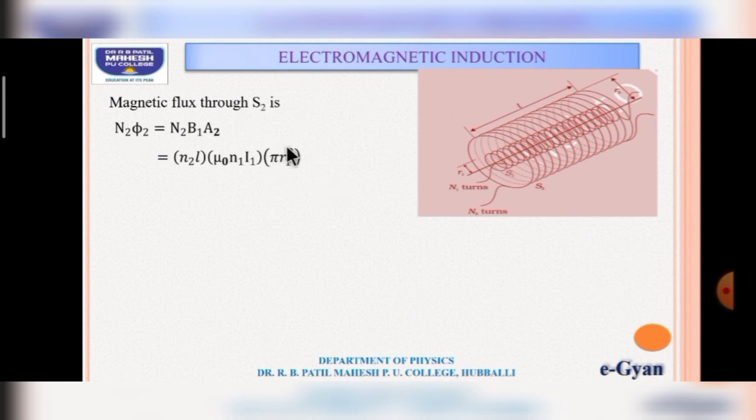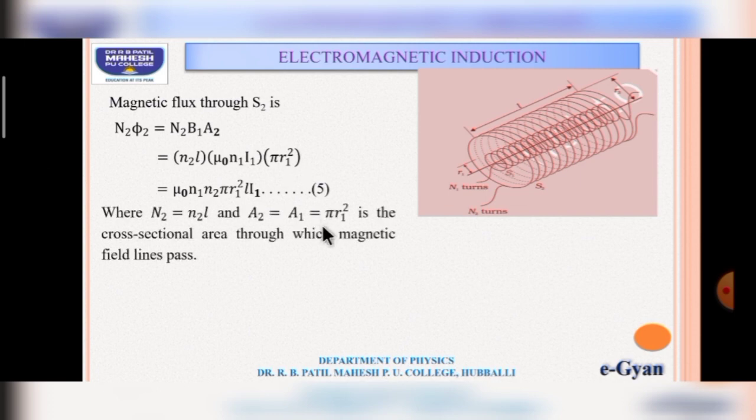Why am I writing pi R1 square here? Whatever the magnetic field is produced here, that is linked only with this area. Therefore, the area having magnetic field is pi R1 square, that is equal to mu naught N1 N2 pi R1 square into L into I1. Okay, let this equation be 5.